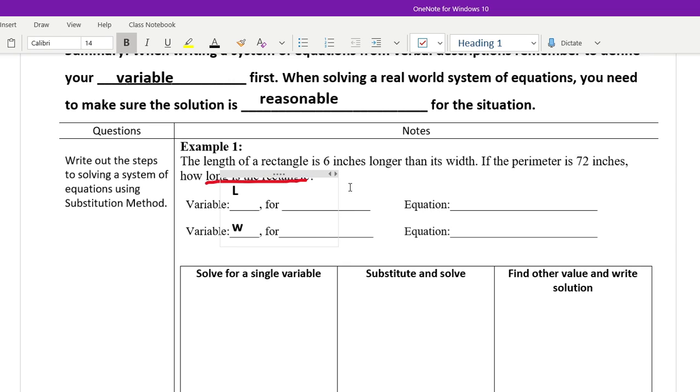Our L is going to stand for the length of the rectangle, and our W is going to stand for the width.